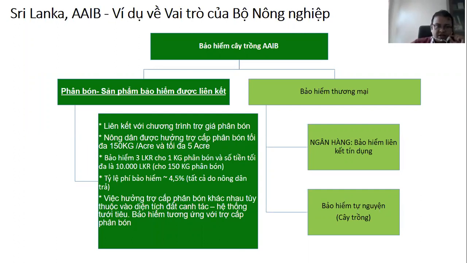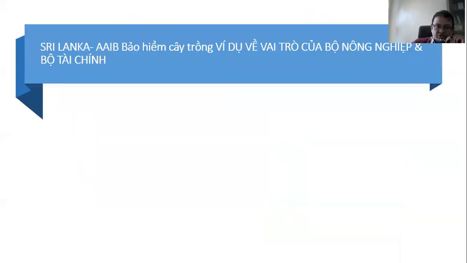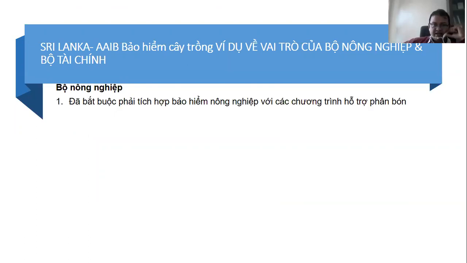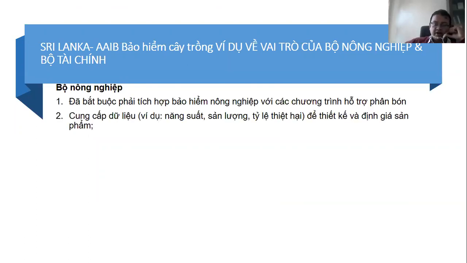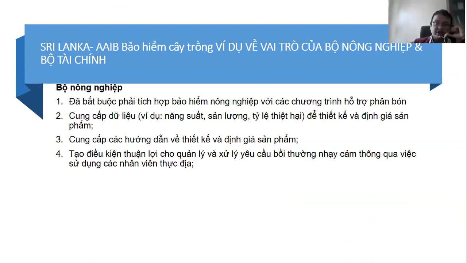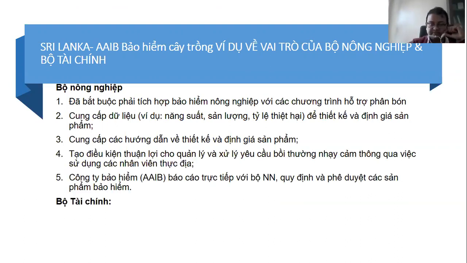Then in the next slide, we look at some of the specific roles that the government is playing here in Sri Lanka. The Ministry of Agriculture, a key role they have played is on the legislative or regulatory side, in that they have made it mandatory for agriculture insurance to be bundled with all farmers who are receiving the input subsidies.